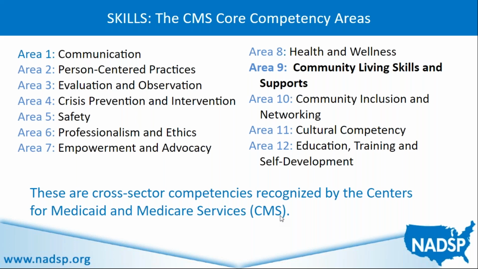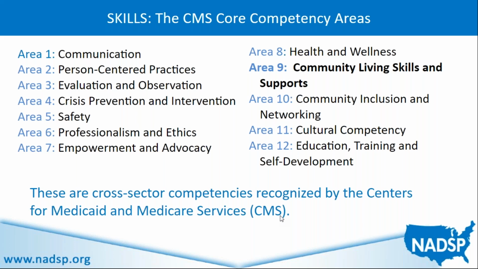They were talking about these specific competencies, and it's universal. These 12 areas are used by pretty much anybody doing direct support work. They're really powerful, and it's good that we're honing in on the ones dealing with community. So let's get after it.